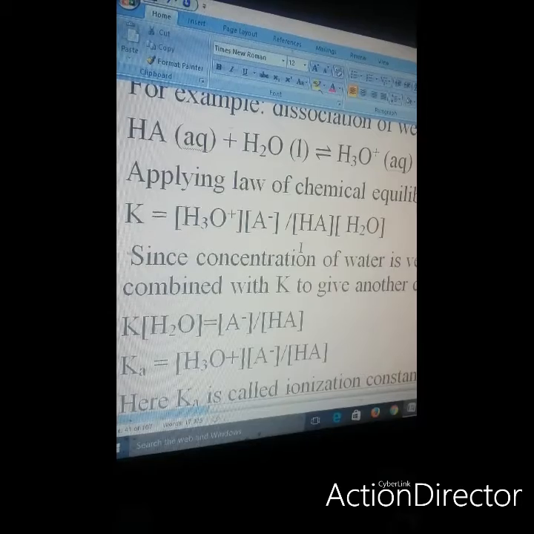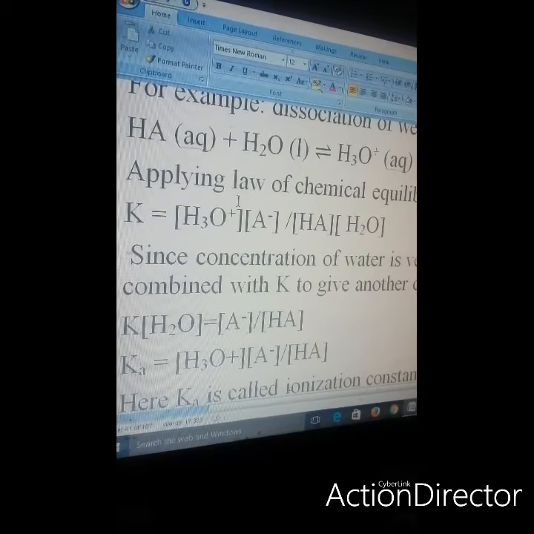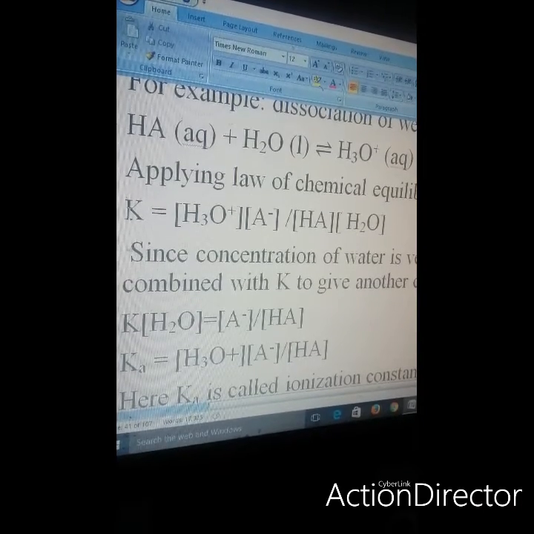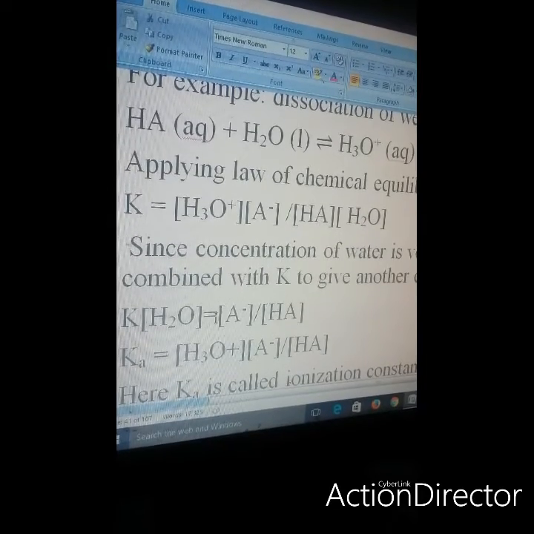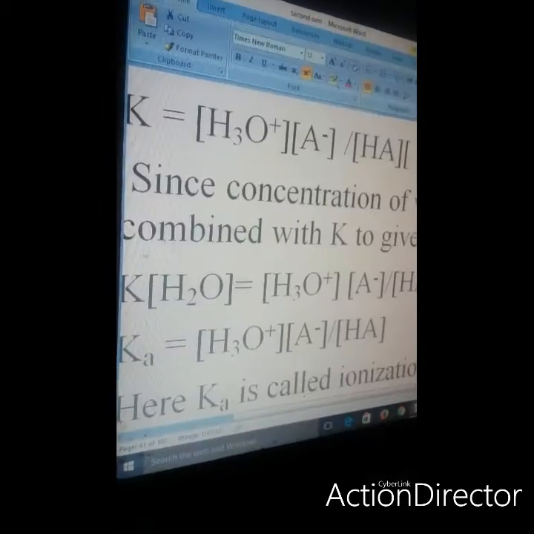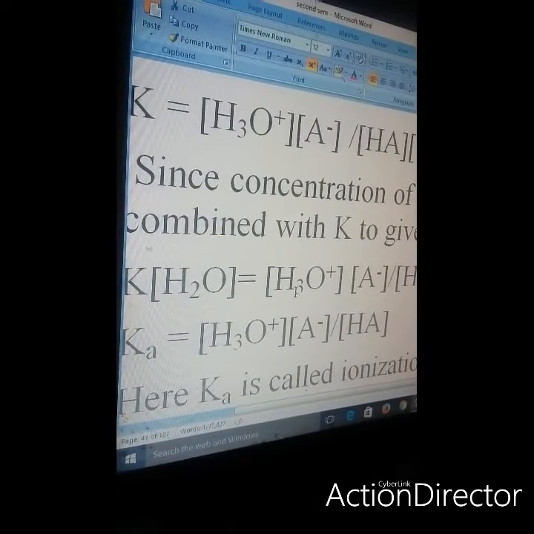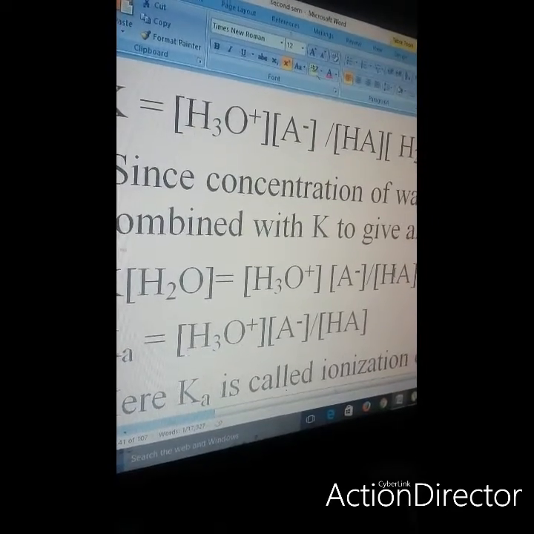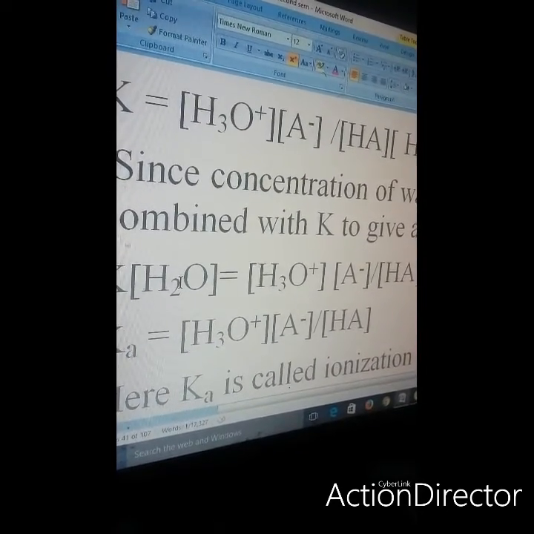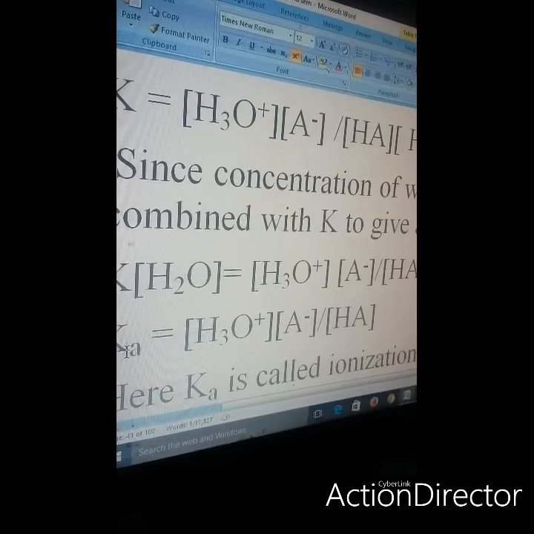Now we will arrange it in such a way that water goes this side. So it will be K times water is equal to hydronium ion times A negative divided by HA concentration. Now K times water I am replacing by another constant, that is Ka.